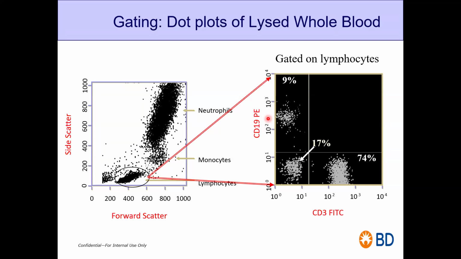At least you should know what kind of cells you are using, because even if you are staining those cells, you need some information. Now you have a little bit of knowledge. So let's say right now we are talking about lysed whole blood.